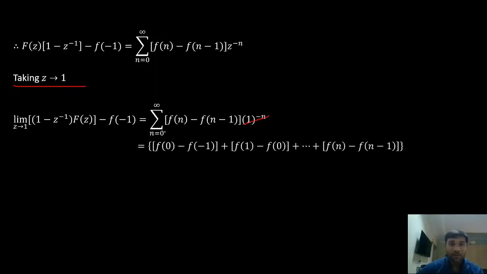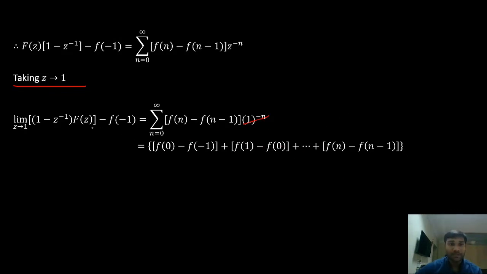Then I'm going to expand this F of n minus F of n minus 1. When n equals 0, this term becomes F of 0 minus F of minus 1. When n equals 1, it becomes F of 1 minus F of 0. For 2, F of 2 minus F of 1, and so on till the end.